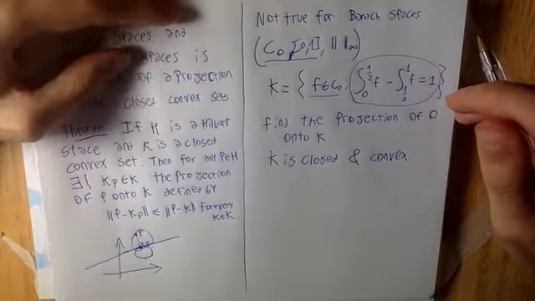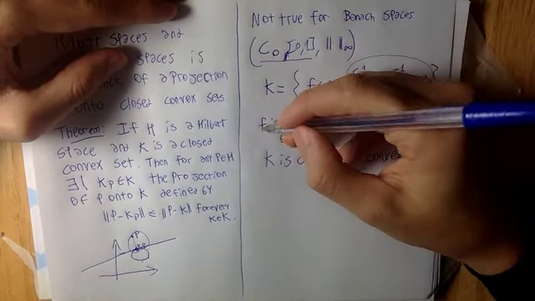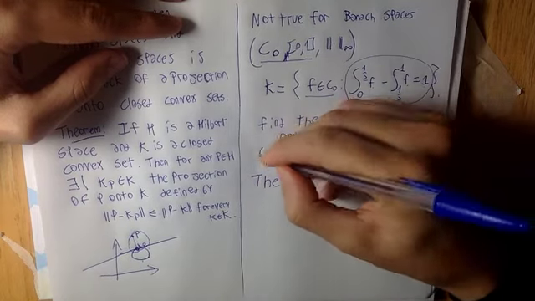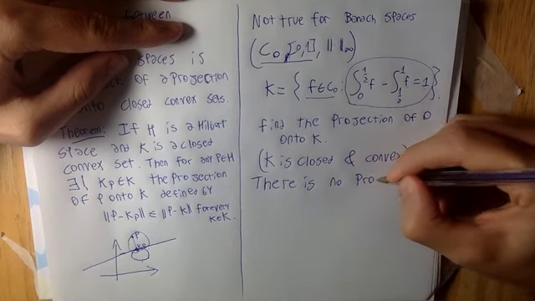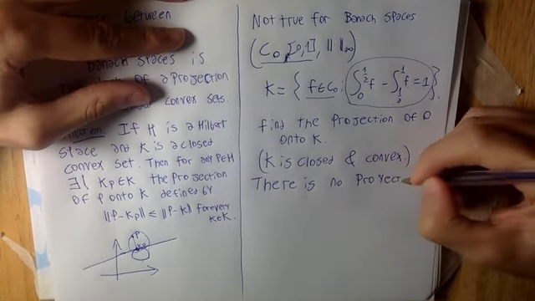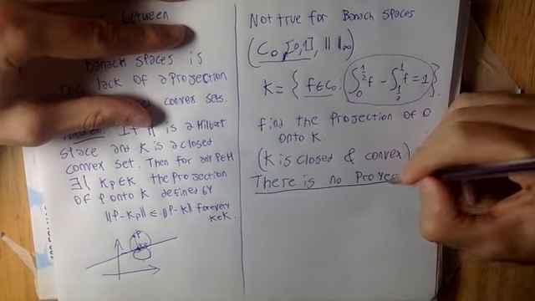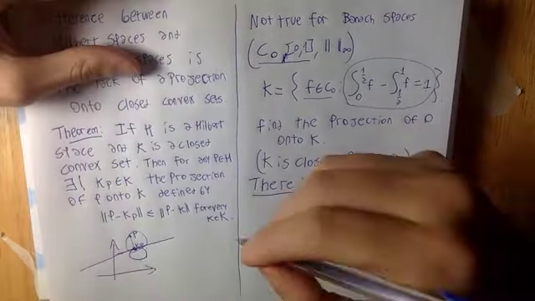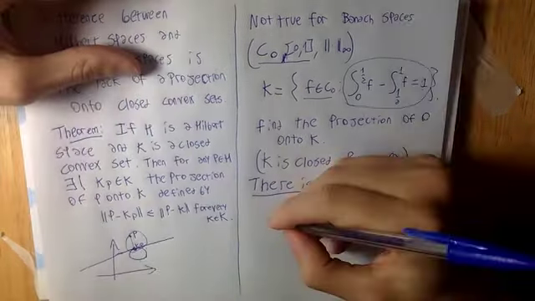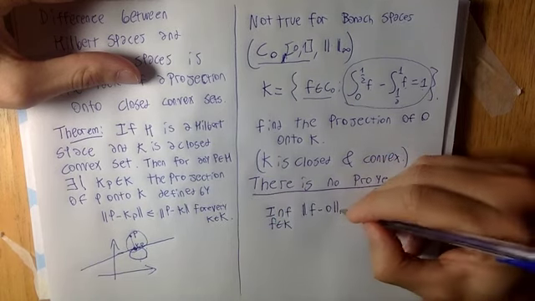So what is the point here? Find the projection of 0 onto K. The point is that there is no projection. We are going to try to find the infimum of the norm of f minus 0, such that f is in K, and this is the infinity norm.